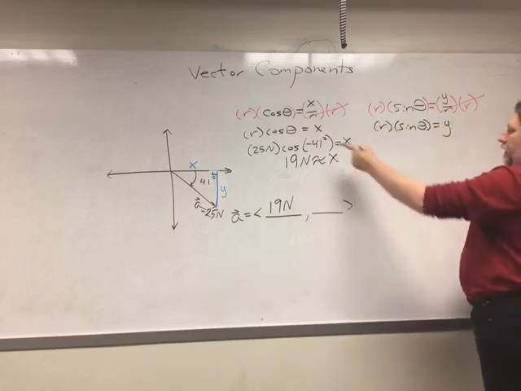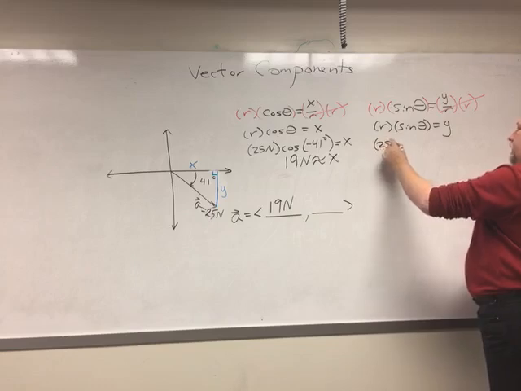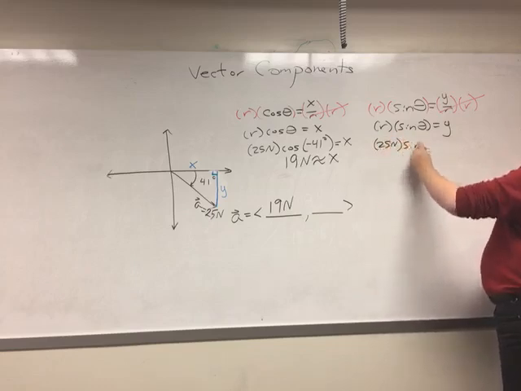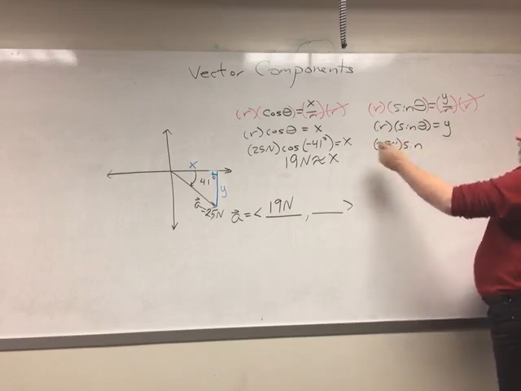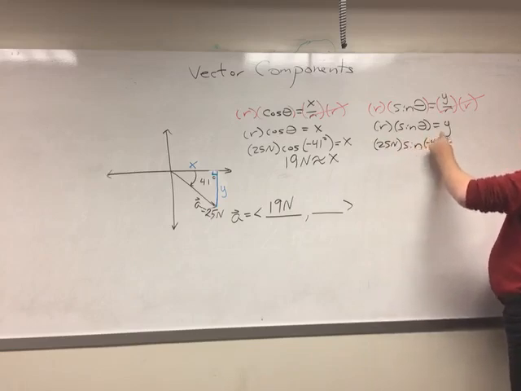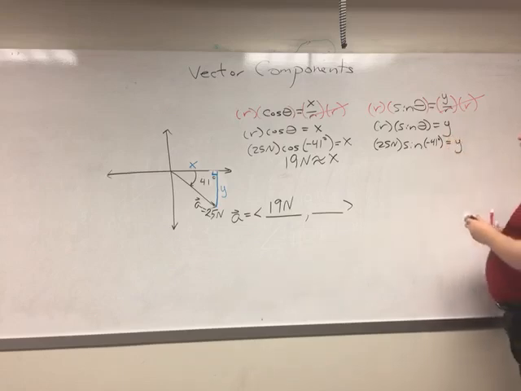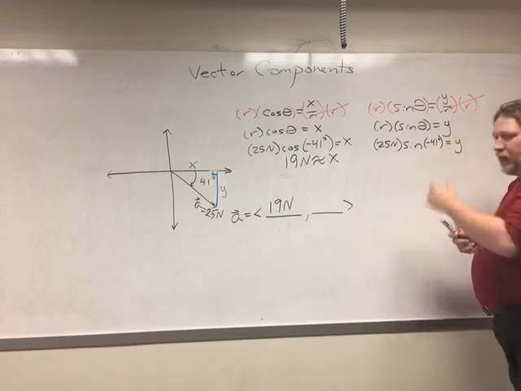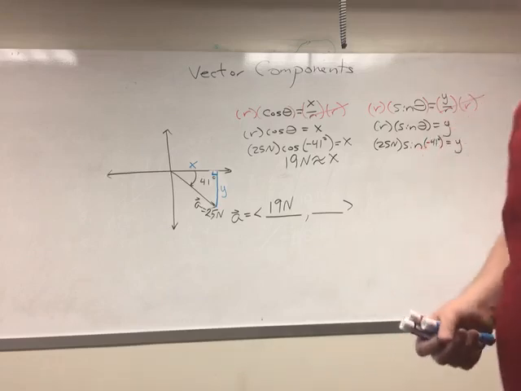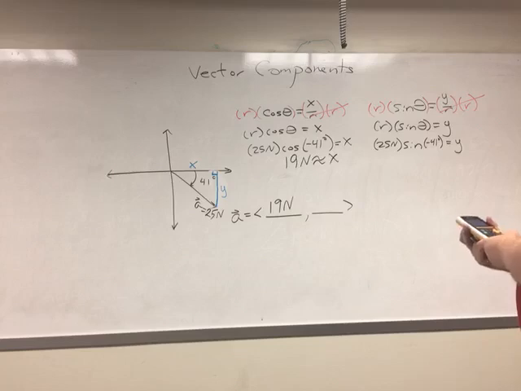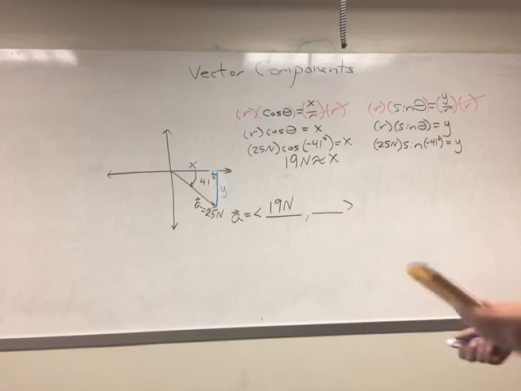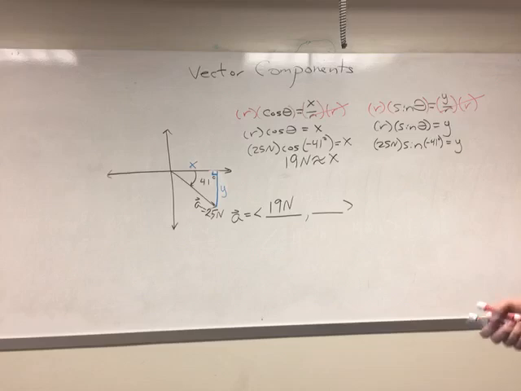And now I just fill in the blanks. The radius is 25 newtons times the sine of negative 41 degrees, angle still negative because of the direction, gives me y. And so now I go to the calculator. 25 sine negative 41 gives me negative 16.4.